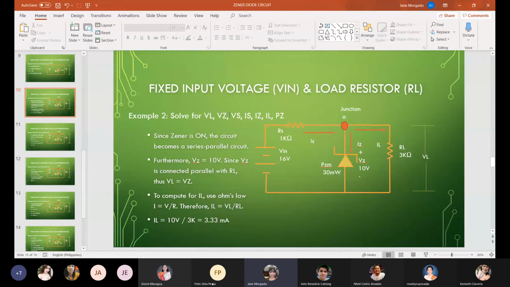Tama ba? Ang sagot natin kay VZ? 10 volts. VL is? 10. 10 din. And IL is? 3.33 milliampere. So, tatlo. 1, 2, 3, 4. So, may 4 pang natitira.